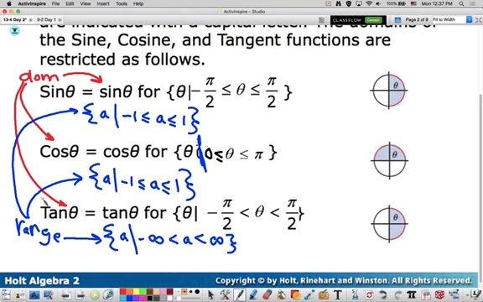Has everybody got that down? Is what you're writing down for the regular trig functions or the inverse trig functions? Do you see the -1? No. So is it for regular or inverse?